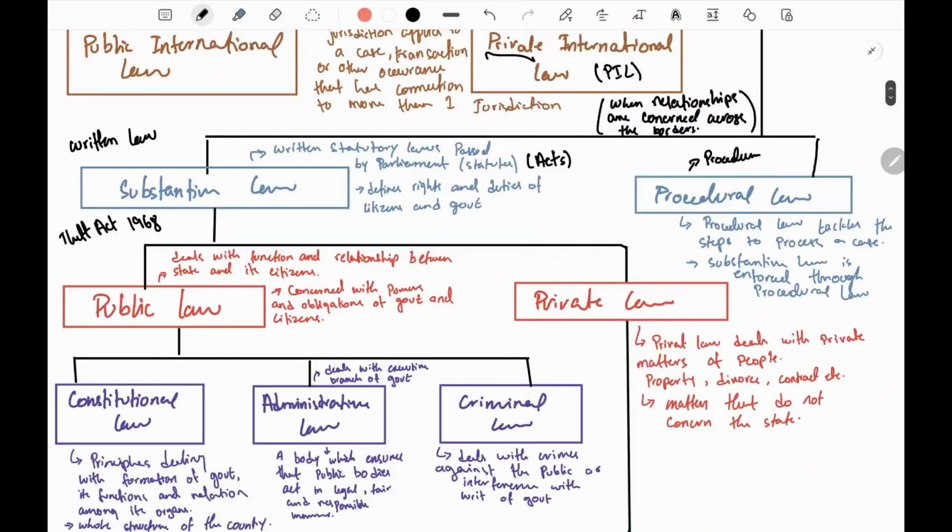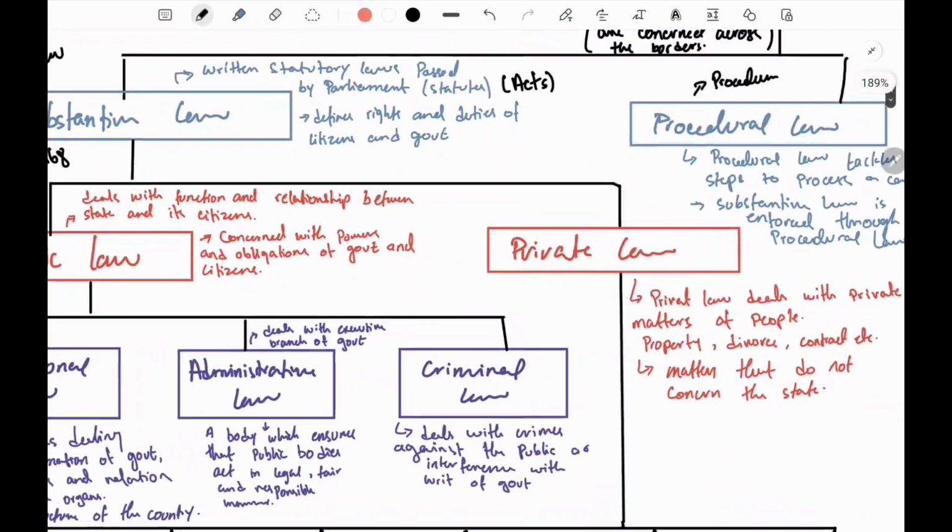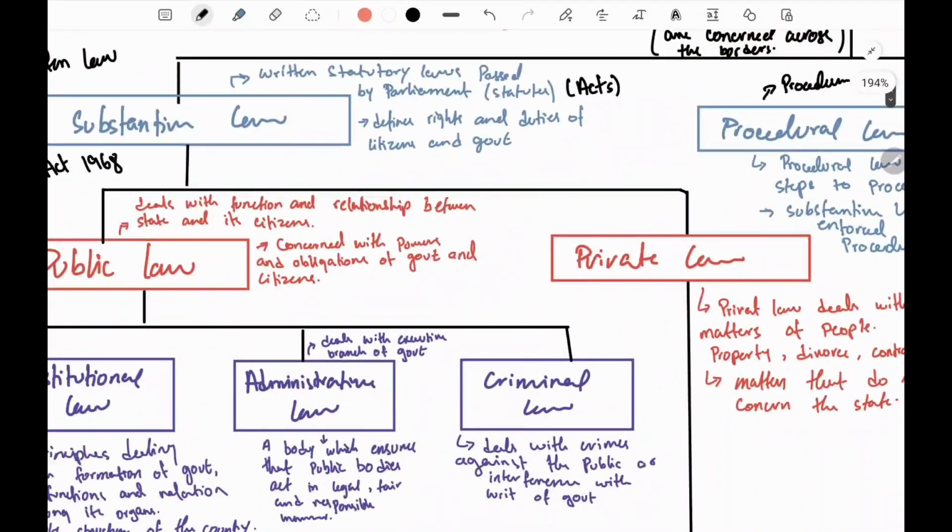Following substantive law, we have public law and private law. Those are the two classifications of substantive law. Public law is law that deals with the function and relationship between the state and its citizens.